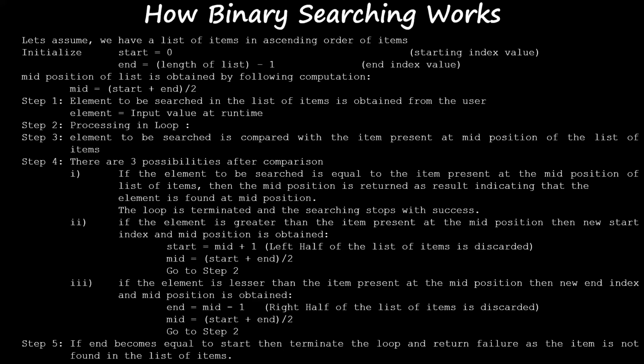Mid is calculated as (start plus end) divided by 2, and again the floor integer value is obtained. Go to step 2 and the processing continues. Step 5: if end becomes less than start, then terminate the loop and return failure, as the item is not found in the list of items.